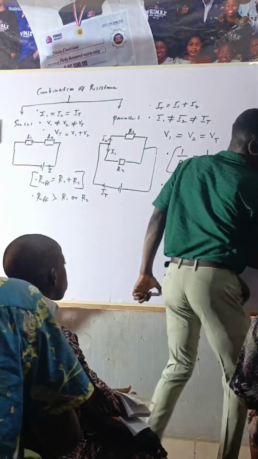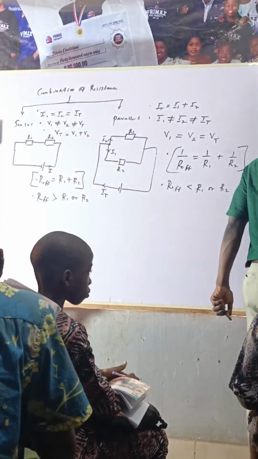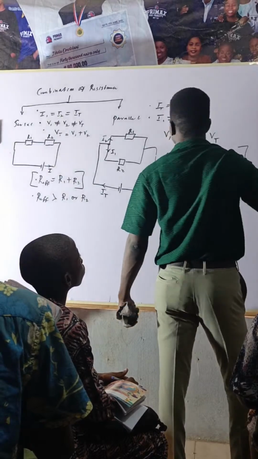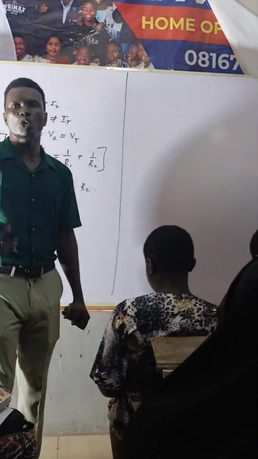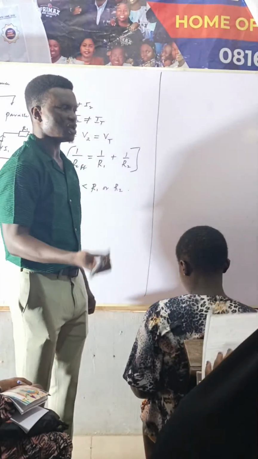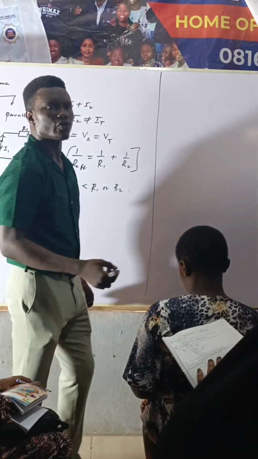So now, what you asked last year on potentiometer, you need to quickly know. We have what we call a Wheatstone bridge and a meter bridge. We can talk about that maybe later if you want to. And potentiometer as well.